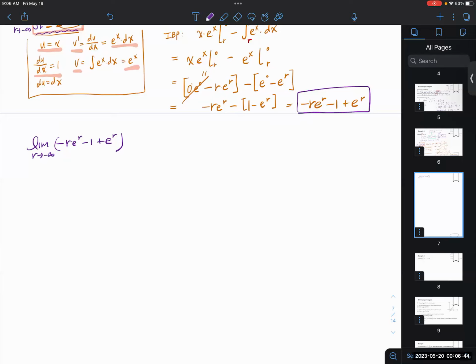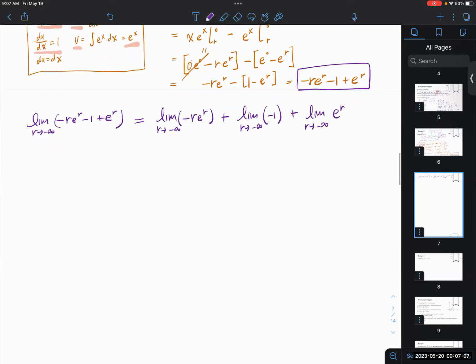Let's separate it step by step. That means the limit of negative r e to the r, plus the limit as r approaches negative infinity of negative 1, plus the limit as r approaches negative infinity of e to the r. If you take the limit, what happened? We're plugging in negative infinity.